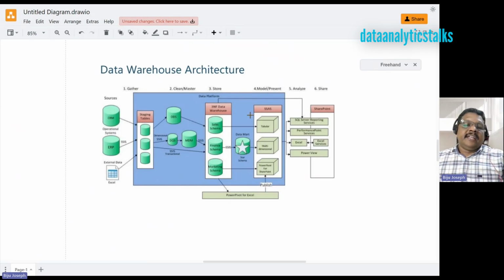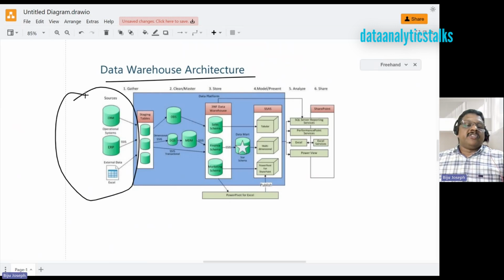So looking at data warehouse architecture in more detail, we have the sources. I already mentioned the sources are heterogeneous. They are all operational systems. They come from external sources, and the data stored could be anything, like an Excel sheet, CSV files, Oracle, SQL, MySQL, PostgreSQL, anything it can be, because it is representing different applications.